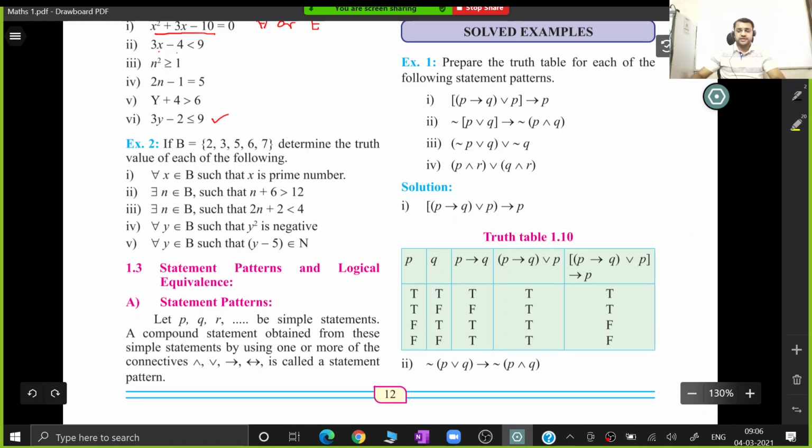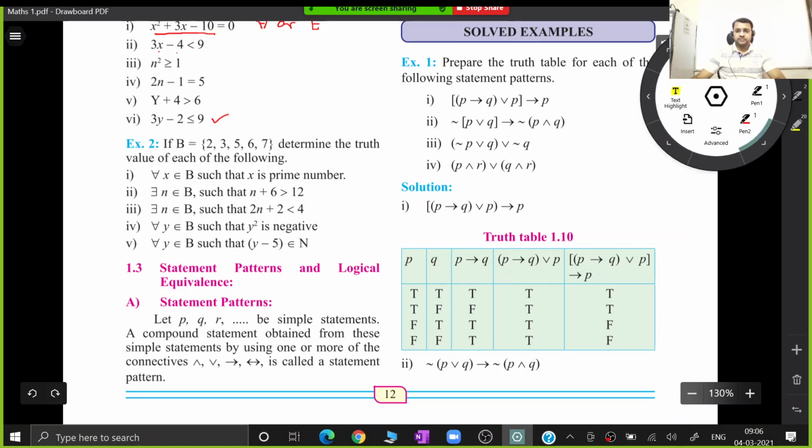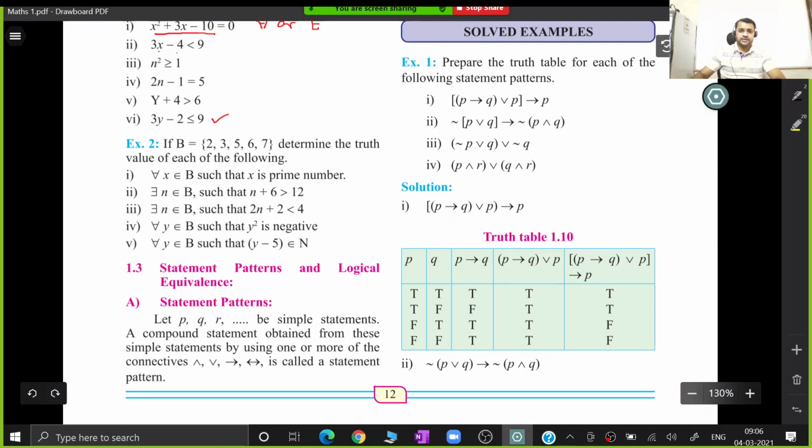So now let us understand question number 2. In question number 2, we are given a set B which has the values 2, 3, 5, 6 and 7, and we have to determine the truth value of the given statement. The first is, for all x belonging to B, x is a prime number.